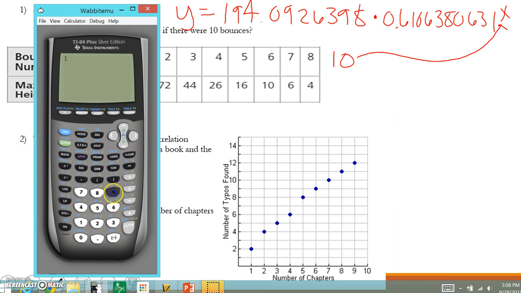So I do 194.0926398 times, and then I write out the b, and then I raise it to the 10th power. And I get 1.399. I can round it to 1.4.